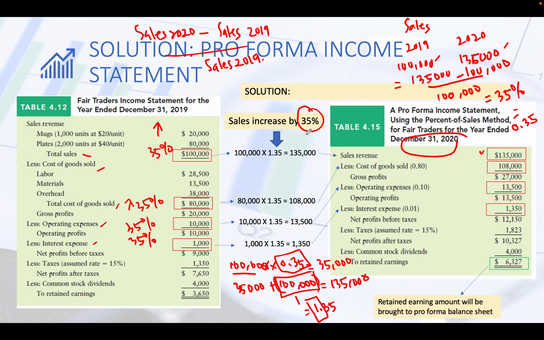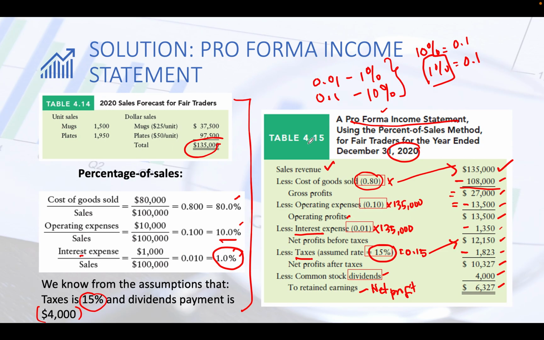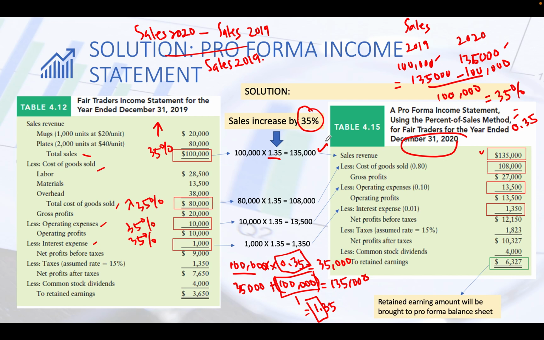Yeah? So, in that sense, whatever amount in 2019, when you times with 1.35, dia akan dapat value yang sama macam kita kira menggunakan percentage of sales tadi. Yeah? So, kalau kata you lepas dengar lecture ni, you cuba calculate dengan cara macam ni. 80,000 times 1.35 dapat ke tak this amount.